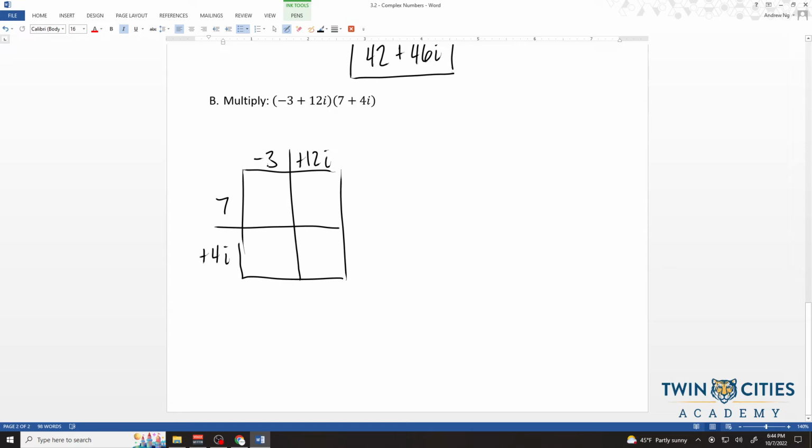Okay, 7 times negative 3, that's going to make negative 21. 7 times 12i, 7 times 12 is 84, so this is going to make 84i. 4i times negative 3, 4 times negative 3 is going to make negative 12, so this is negative 12i.